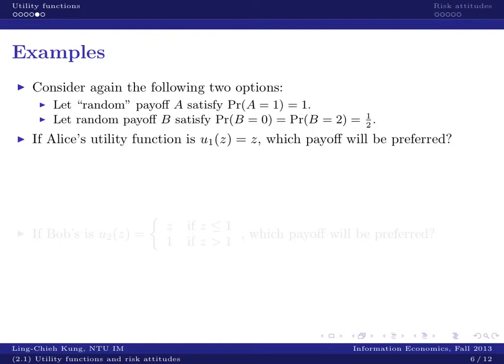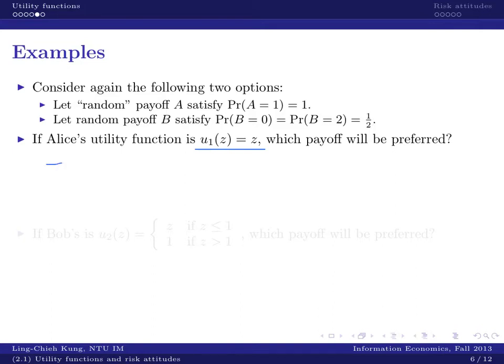So suppose we are Alice. Let's see if my utility function is this one: for every dollar, I get 1 unit of happiness. Then I'm going to ask which payoff I will prefer.